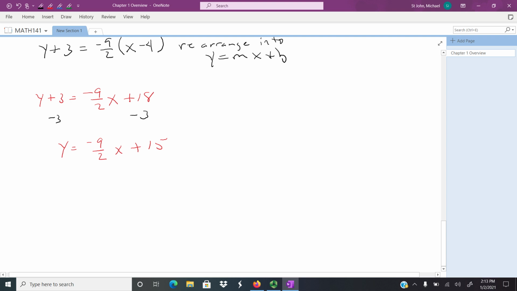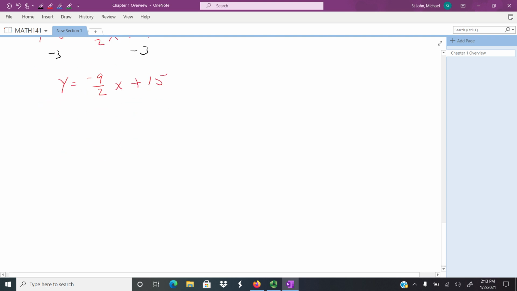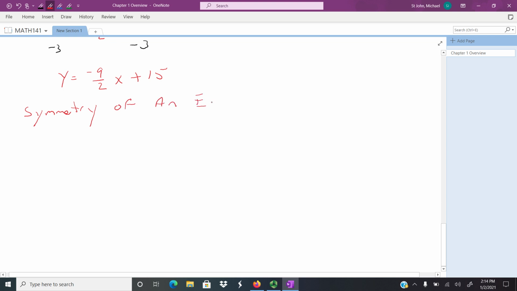So we look at symmetry elements of an equation. What I know is there are going to be 3 types of symmetry: with regards to the x-axis, in regards to the y-axis, and then with respect to the origin.